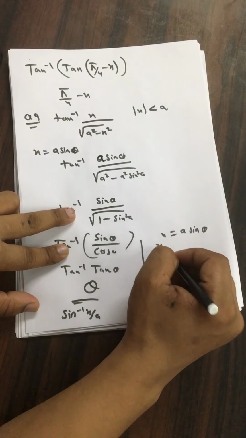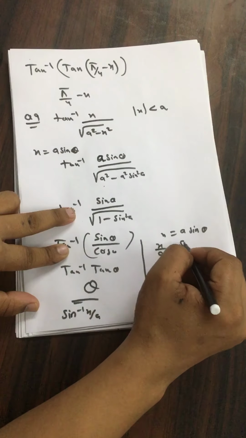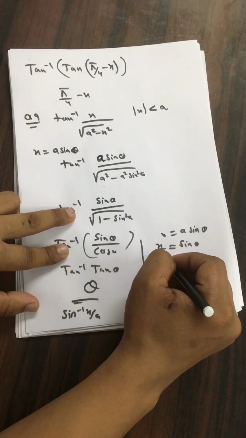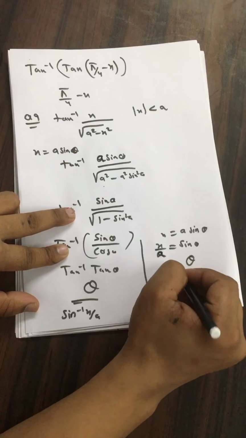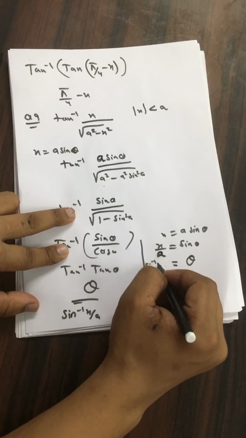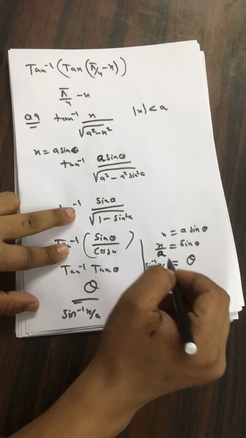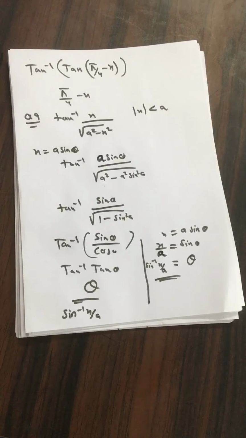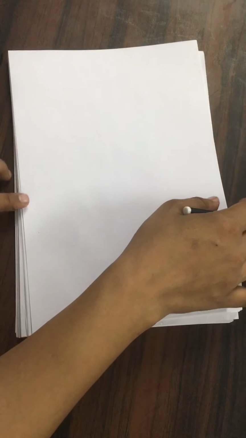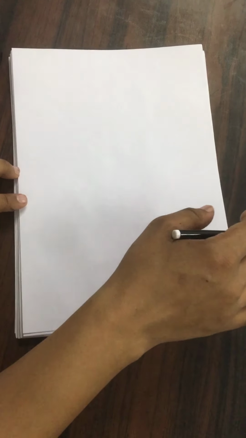A will come this side, x by a equals sine theta. Theta equals sine inverse x by a. Got it? Easy? Let's move on to the next question. It's all about substitution. So there is nothing to worry. Just practice once or twice. That's it. Done.